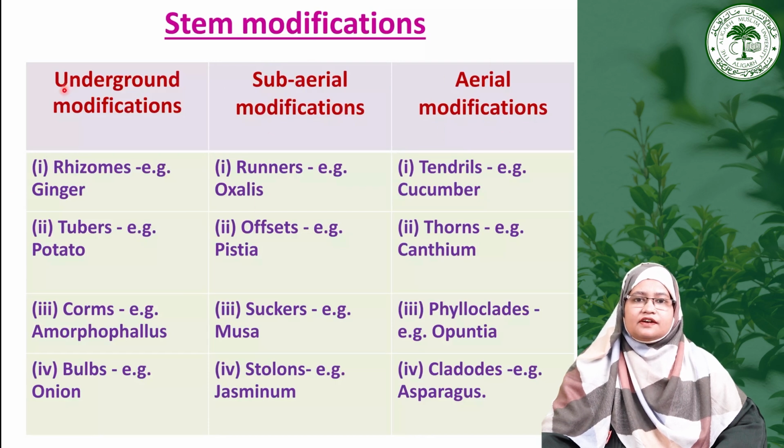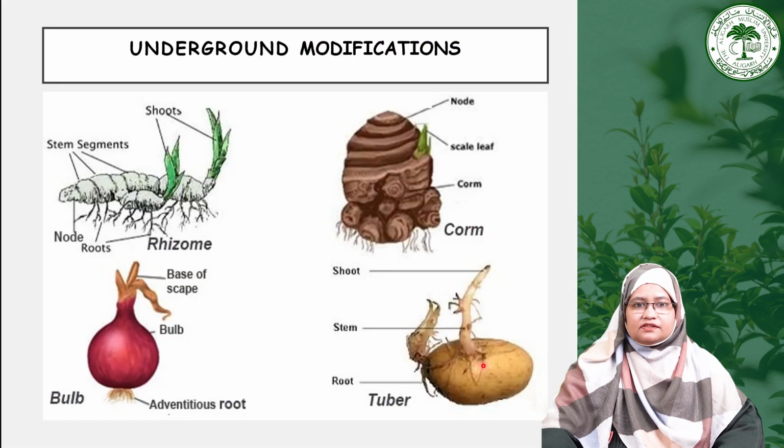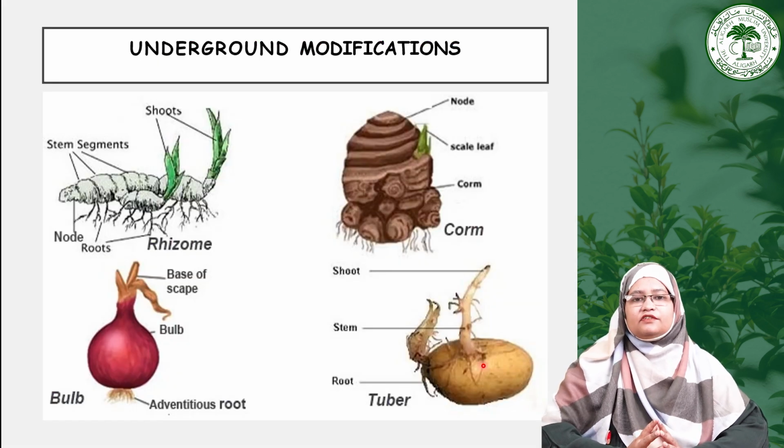In underground there are four types of modification: rhizome, for example ginger; tubers, in potato; corm, in case of Amorphophallus; and bulbs, in case of onion. Then there are subaerial modifications like runner, offset, suckers, stolon, and in aerial modification there are tendril, thorns, phylloclade and cladodes. So first of all, we will discuss all the things one by one.